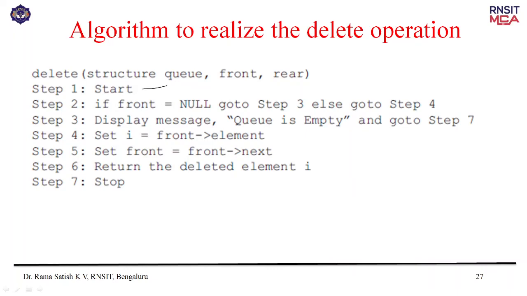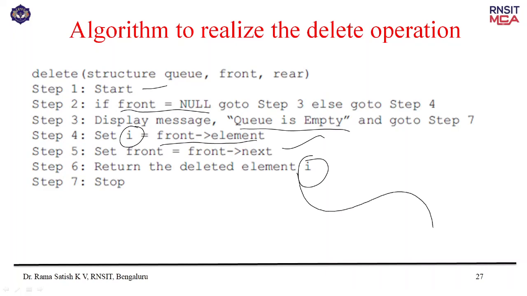You start, if front itself is pointing to null, display a message queue is empty. If not, you store the front element in I and move the front to the next and return the I value. As you return the I value to the main function, it is understood that I is the element that is being deleted.